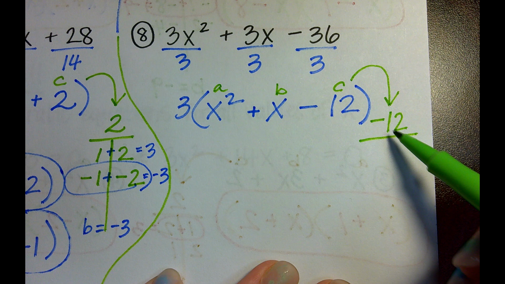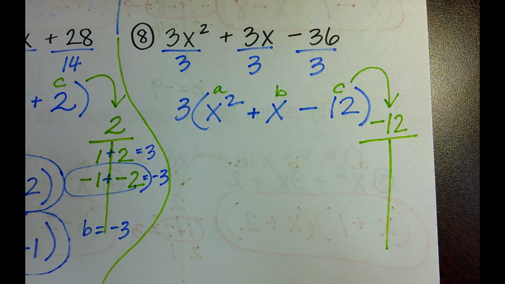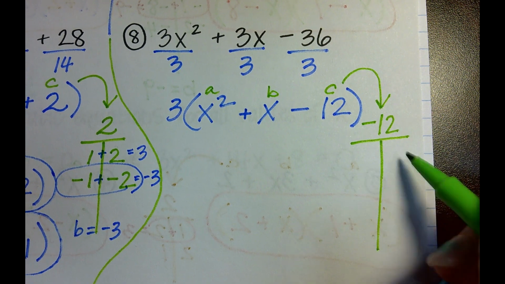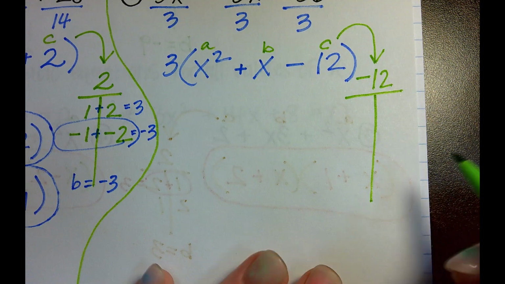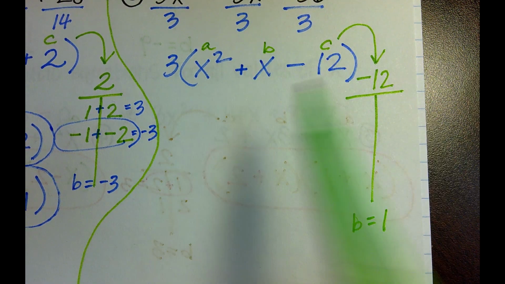We have a negative number for C. What are the signs of the two factors that multiply to a negative number? One positive, one negative. Always, always. So, we need them to add up to +1, because that's our middle term, 1x.